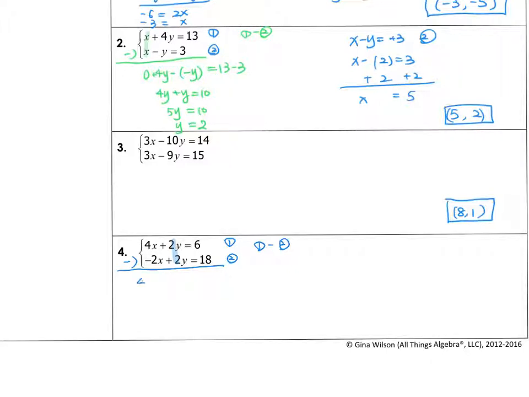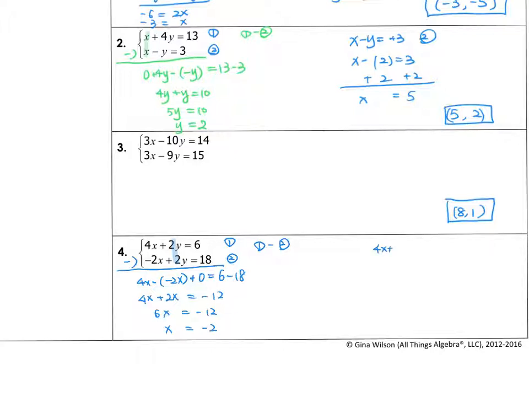So 4x minus 2x plus 2y minus 2y is 0 equals 6 minus 18. So double negatives makes a positive, and I should have 6x equals negative 12, and x equals negative 2 after I divide both sides by 6, right?